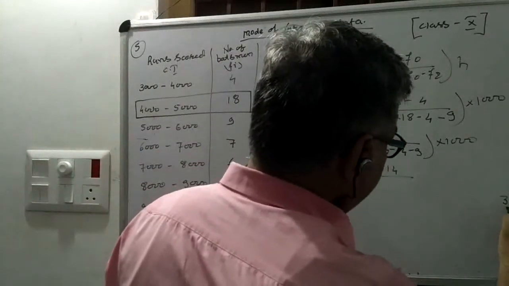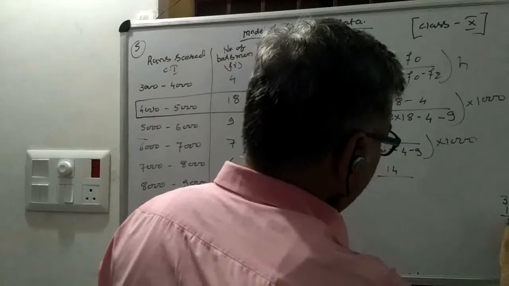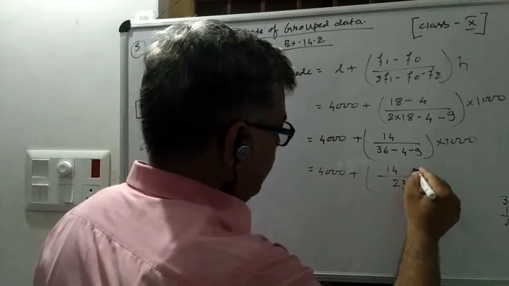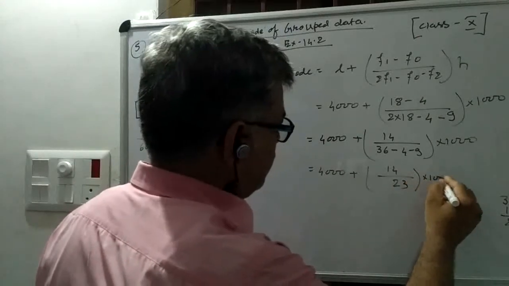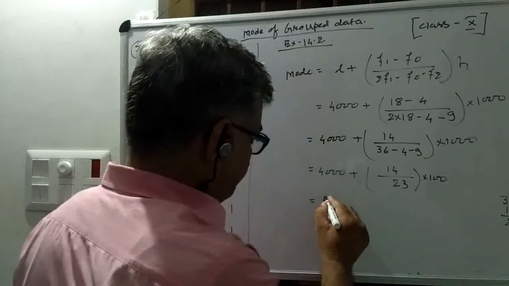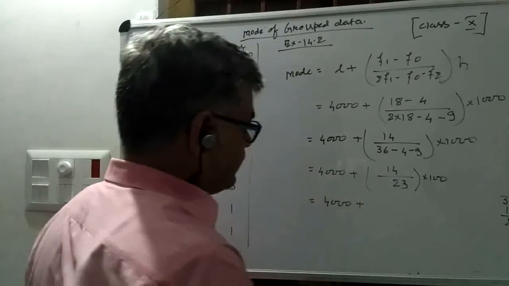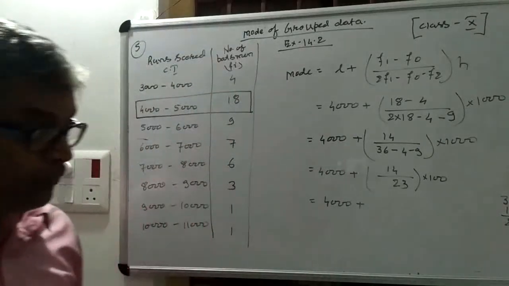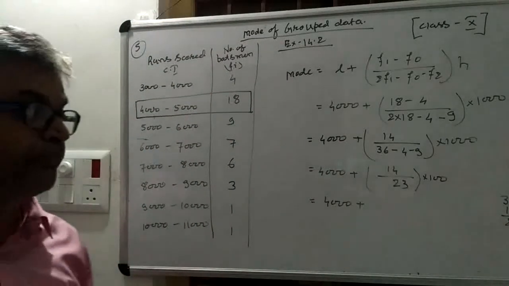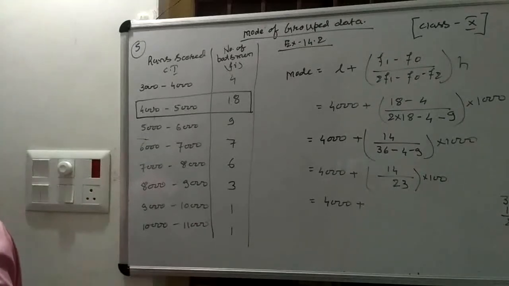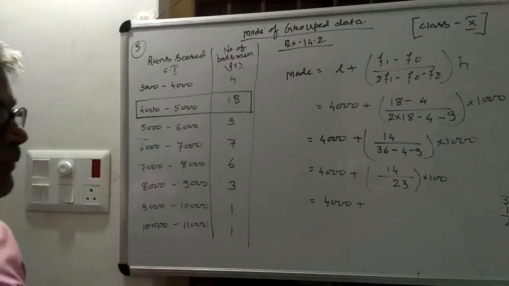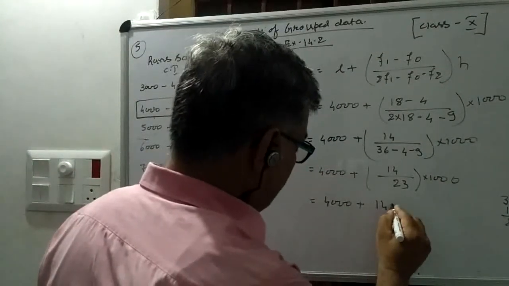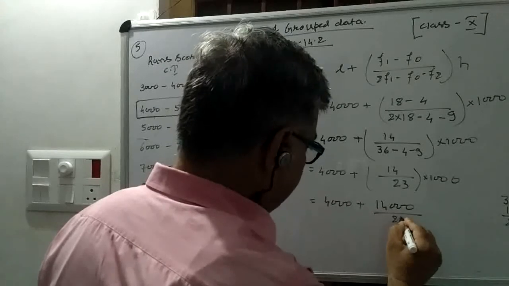When you subtract 36 minus 13, you get 23. So it becomes 23 into 1000. It is better to multiply first, sorry, there is 1000, so it will become 14,000 by 23.